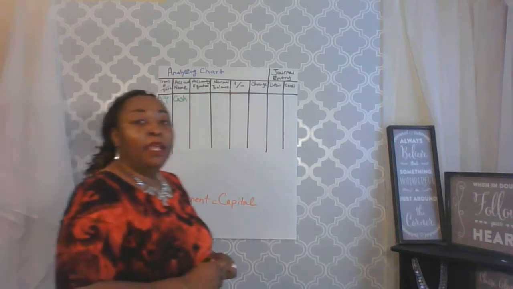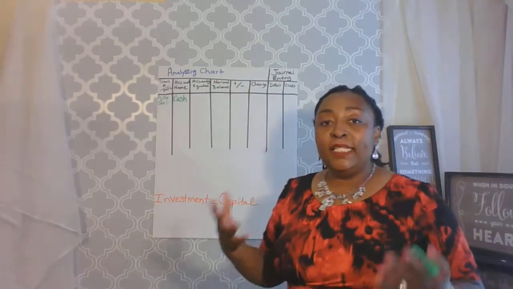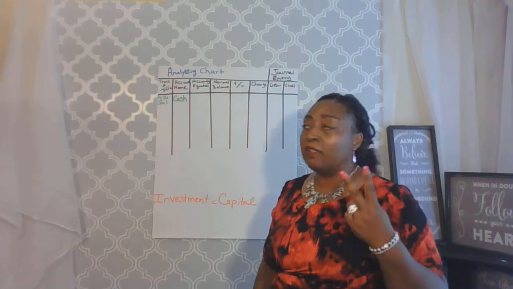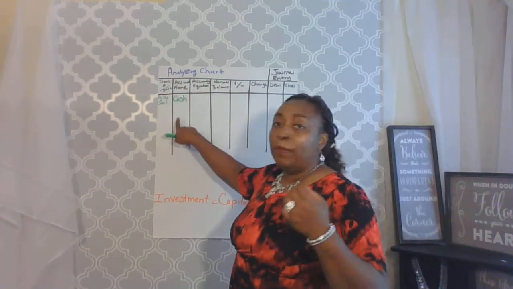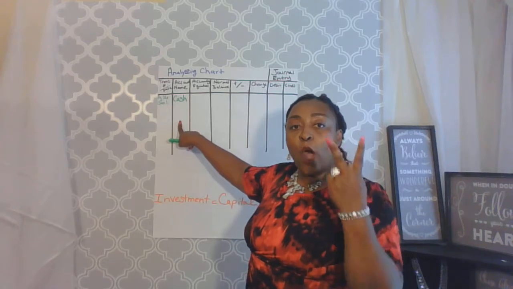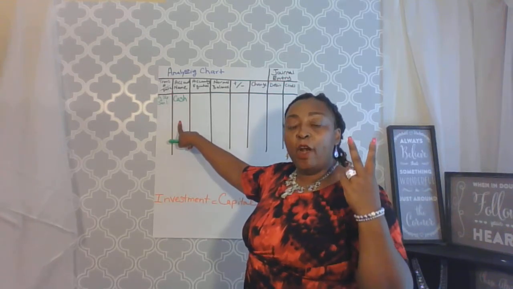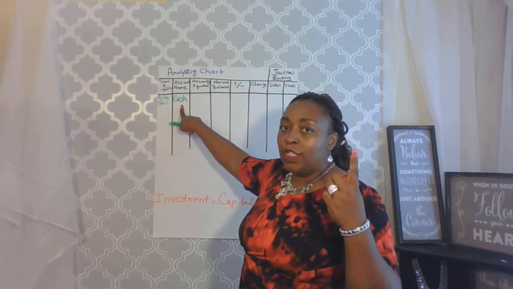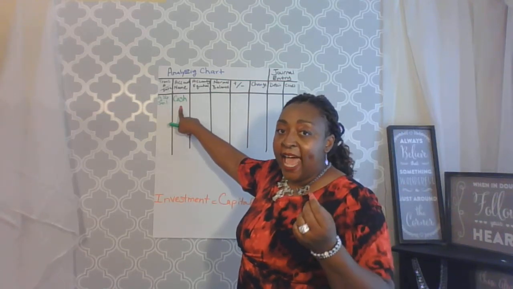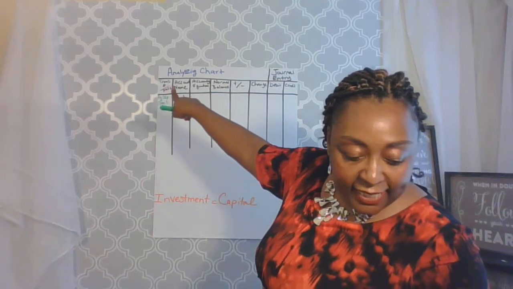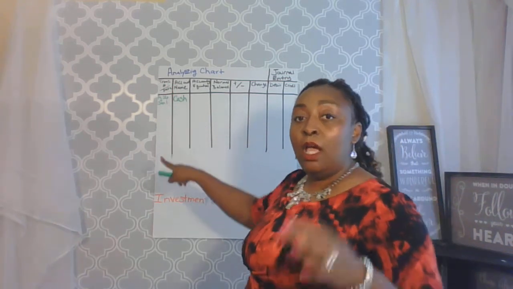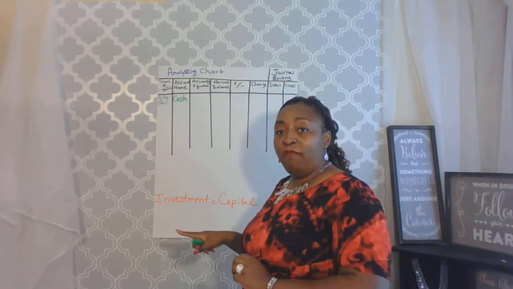So then what is the other account that's affected by this transaction? Remember, there's always two accounts affected. So in this first column, name of account, we ask ourselves, what are two accounts that are affected by this transaction? The first one is cash. We received cash from owner as an investment.